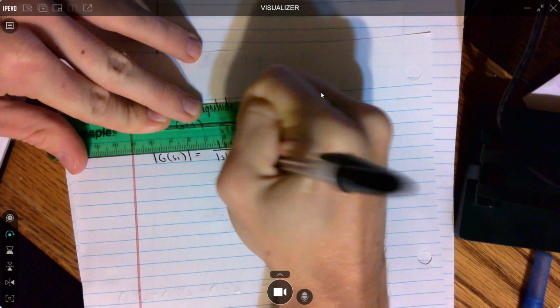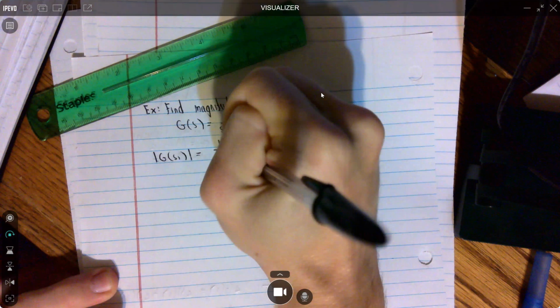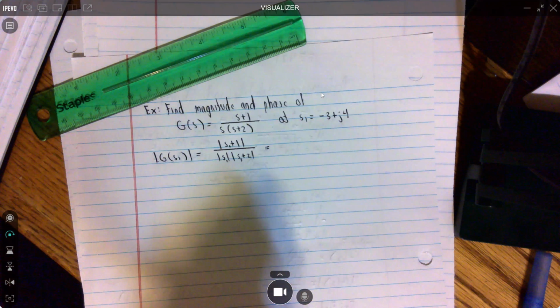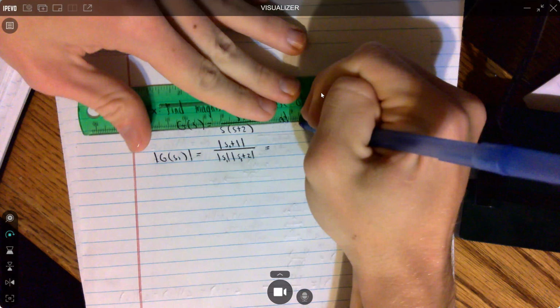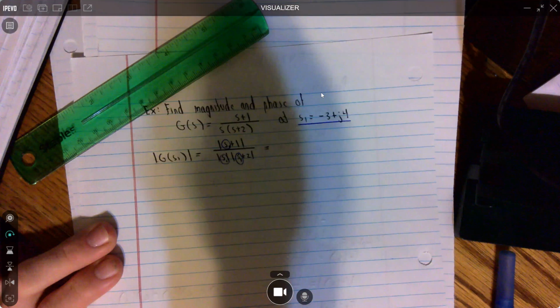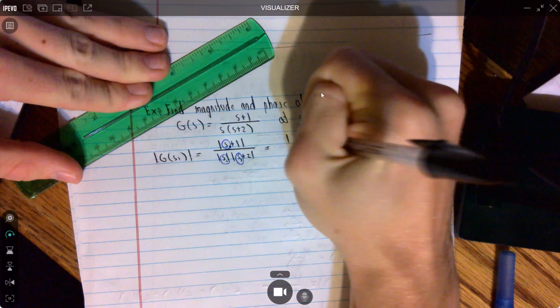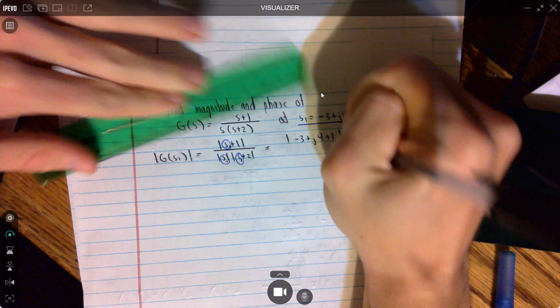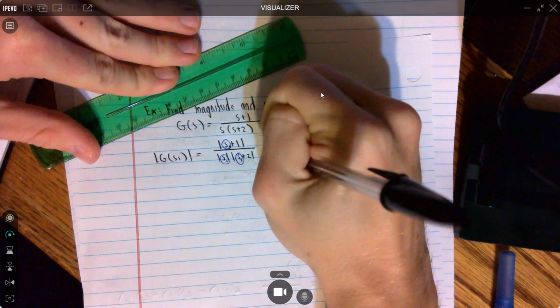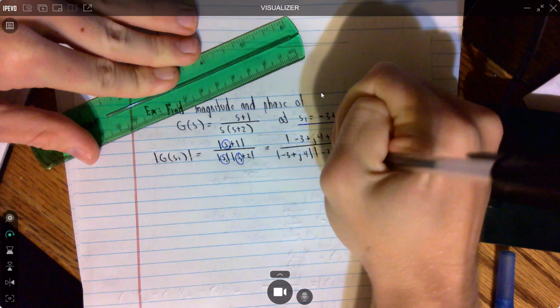And these are all s1 in here because we're evaluating at s1. So plugging our s1 value into the equation, we're going to get the magnitude of -3 plus j4 plus 1, and then -3 plus j4, and -3 plus j4 plus 2.